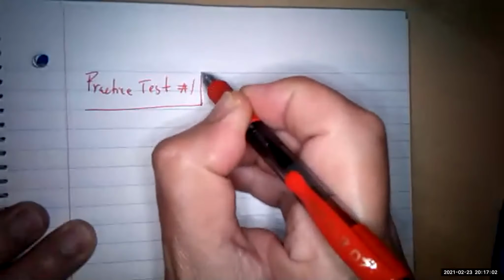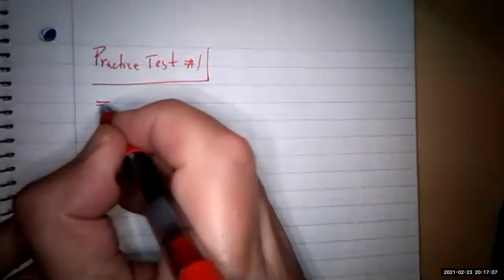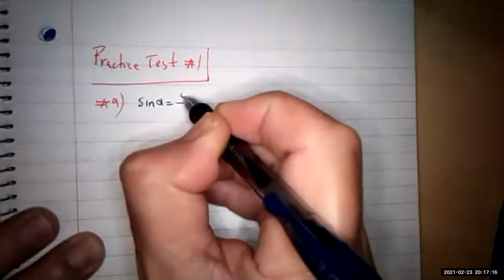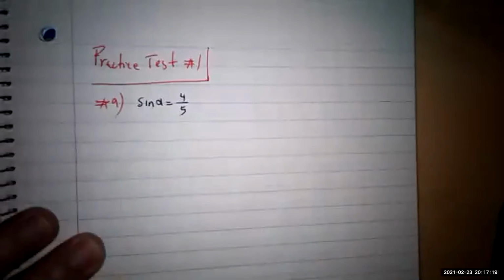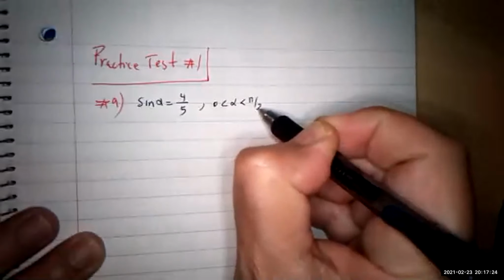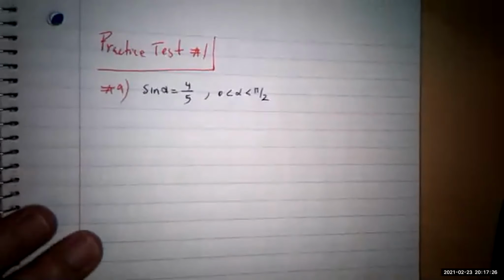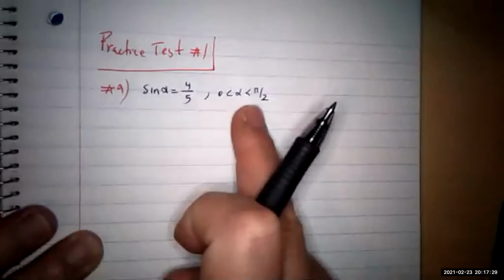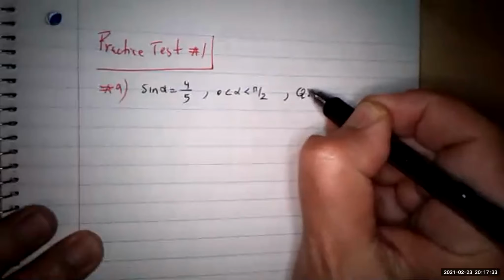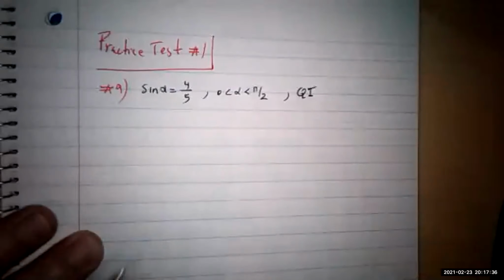Number 1, we give you 1 question of this group. You see that's number 9. The information that we have is this. We have the sine of alpha is equal to 4/5. And you are given that alpha is between 0 and pi/2. This means alpha is in the first quadrant. Okay, this is the first one.